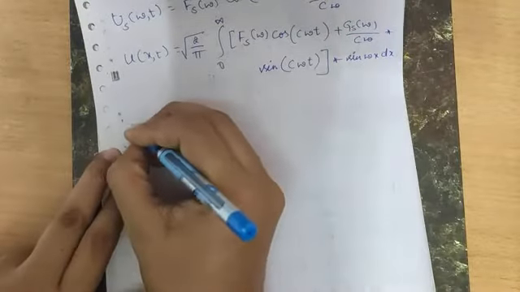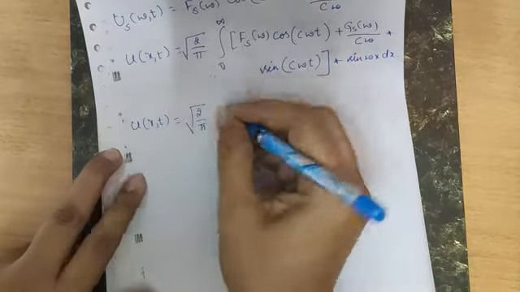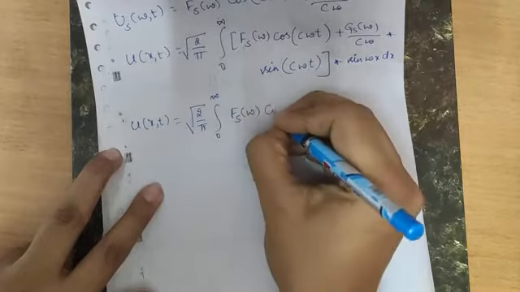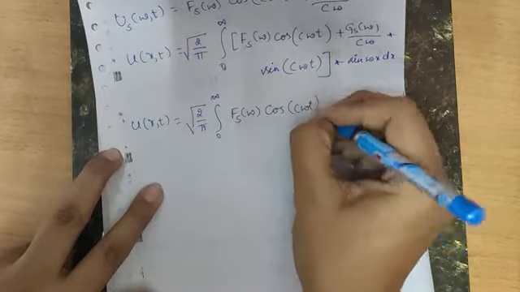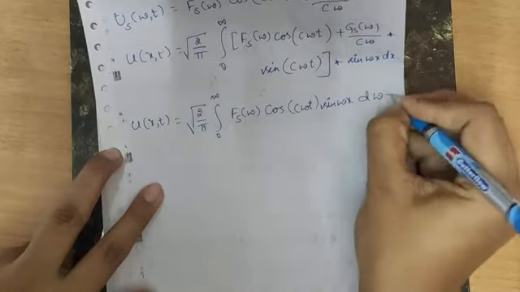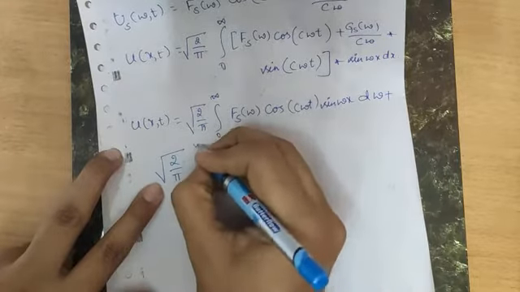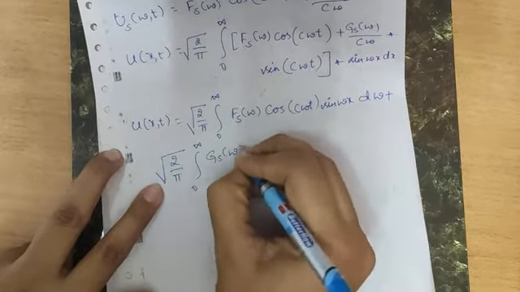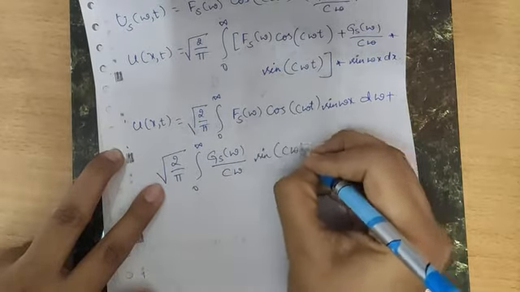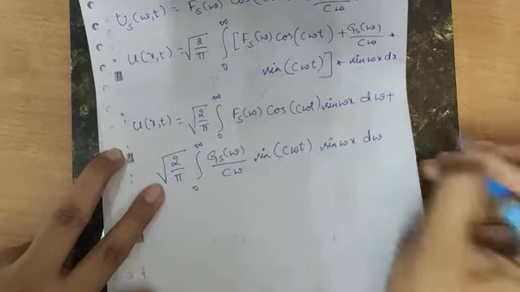So this will become u(x, t) is equal to root 2 by pi integral from 0 to infinity Fs(ω) cos(cωt) sin(ωx) dω plus root 2 by pi integral over 0 to infinity Gs(ω) by cω sin(cωt) sin(ωx) dω.